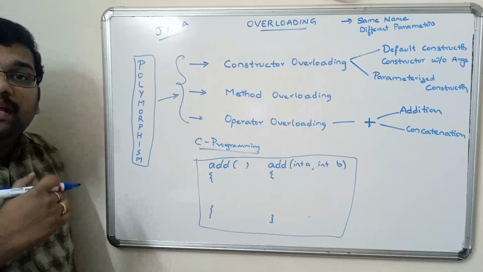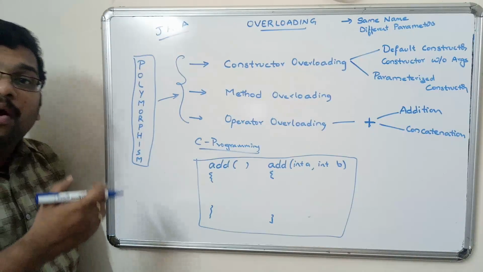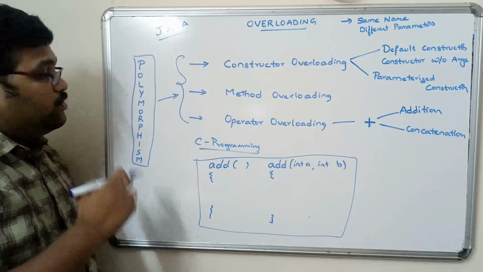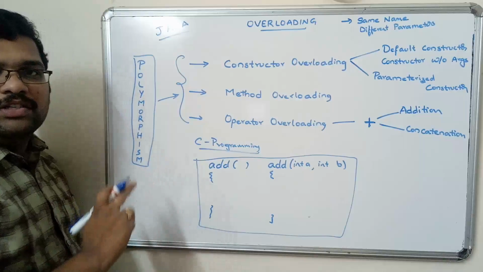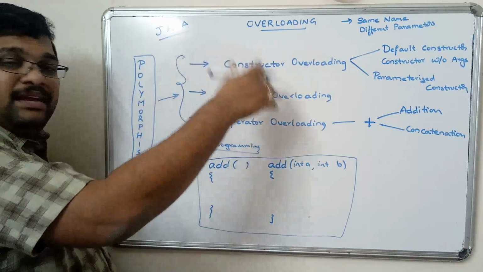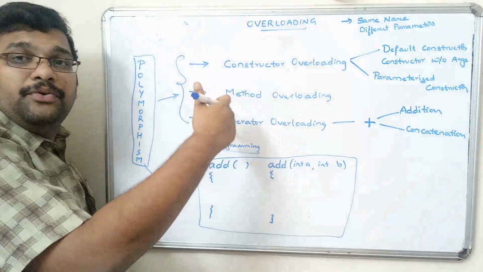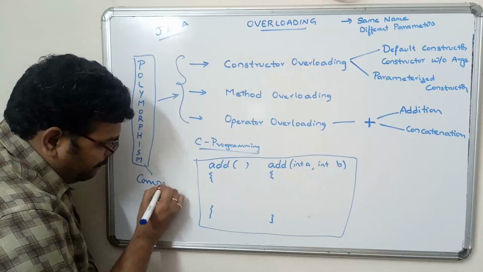So that can be constructor overloading or method overloading or operator overloading, right? And everything will be executed during the compile time itself. So this is called compile time polymorphism.